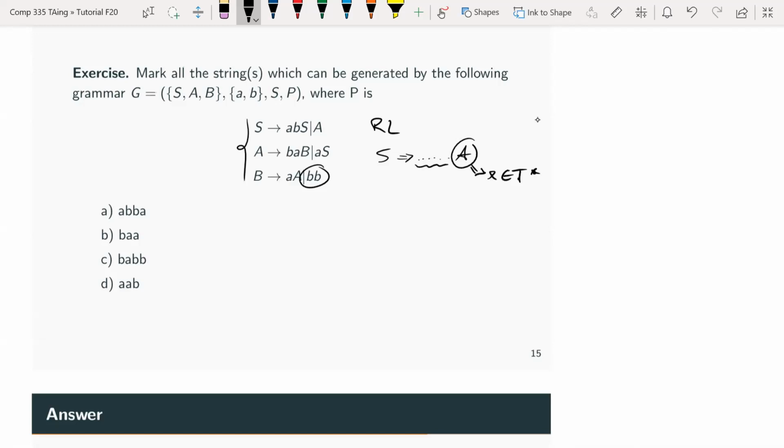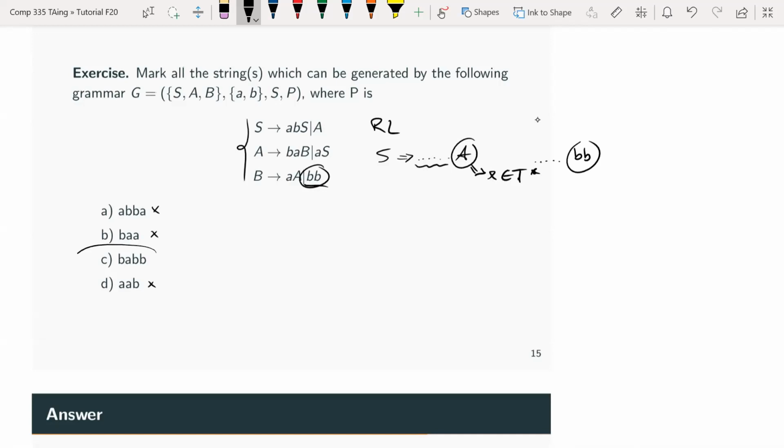In this case, BB is the only string of terminals, so I know that my string must end with BB. So then I can already rule this one out, and this one out. This is kind of a trick for you in a multiple choice question if you're time constrained.